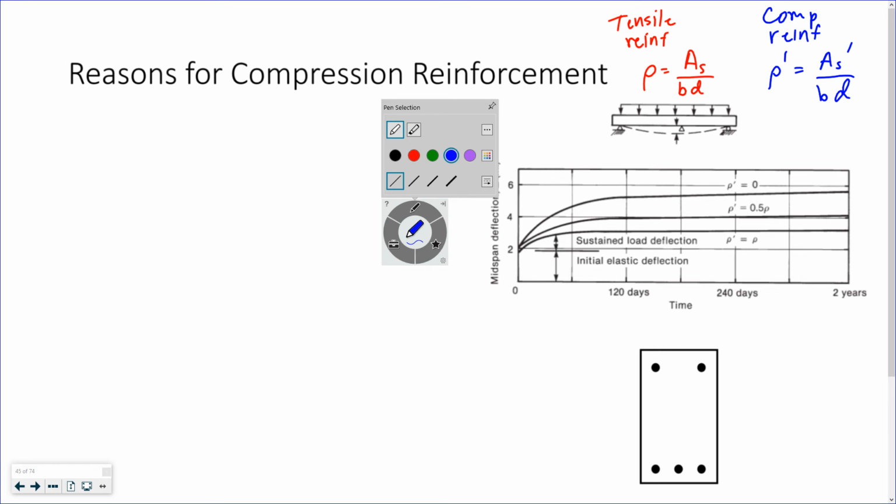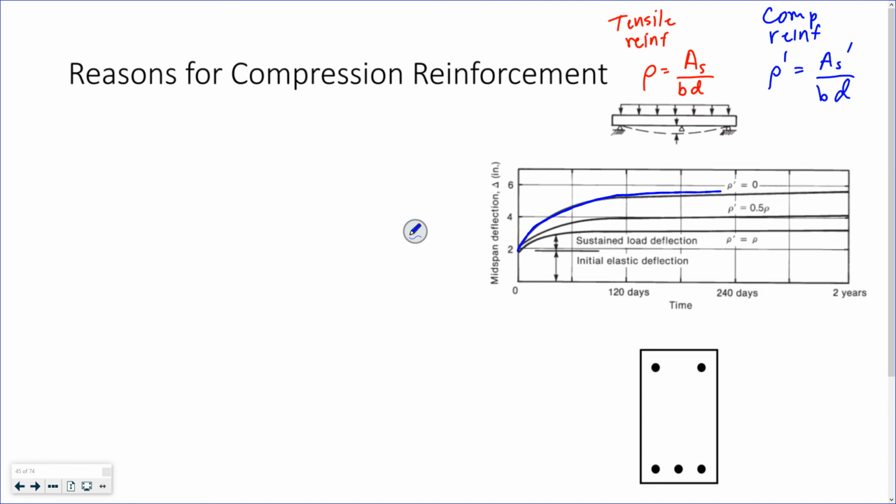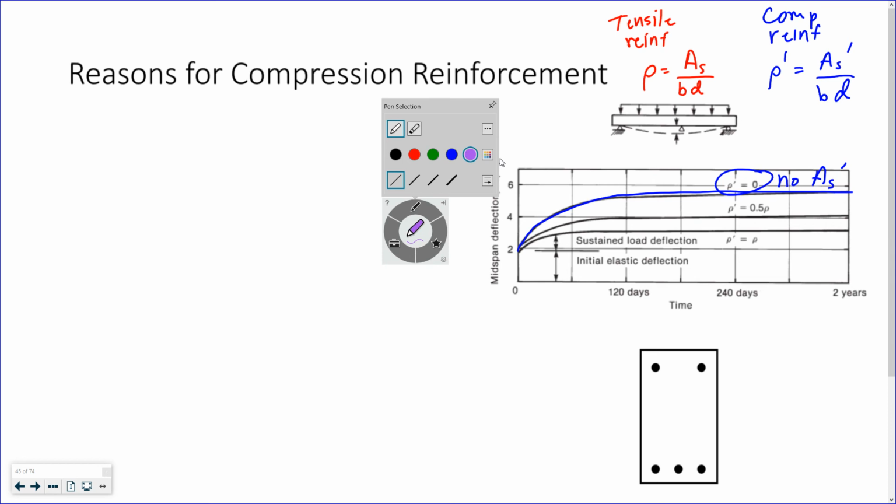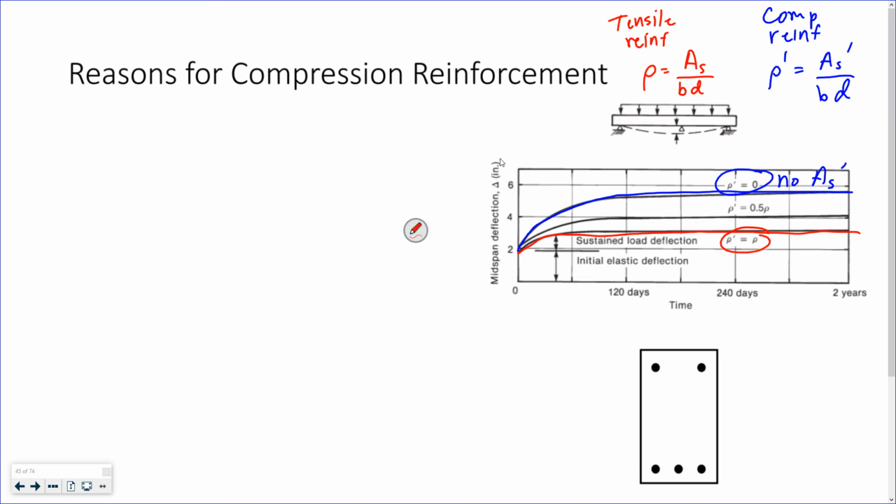So this first line right here is no compression reinforcement. Rho prime is 0. Down right here, the bottom one, rho prime equals rho, which means the area of tension reinforcement is equal to the area of compression reinforcement.